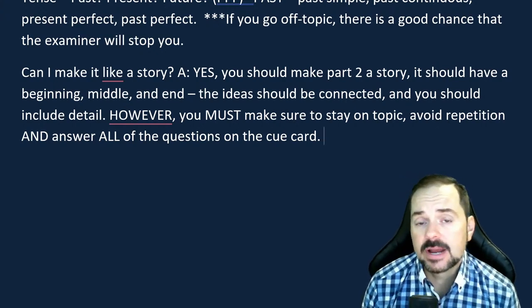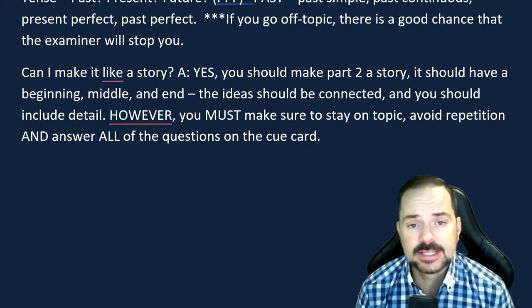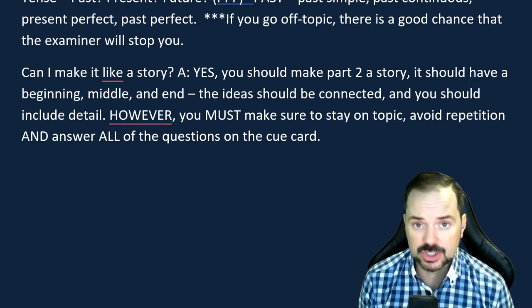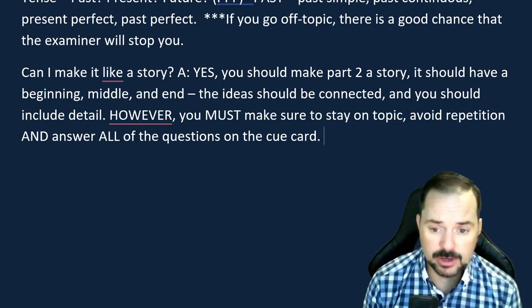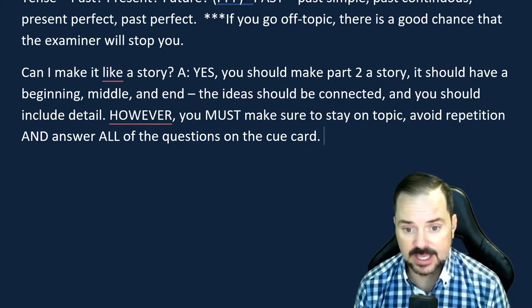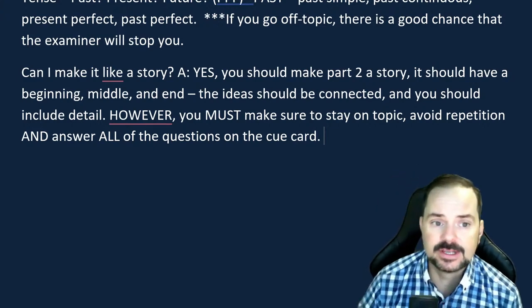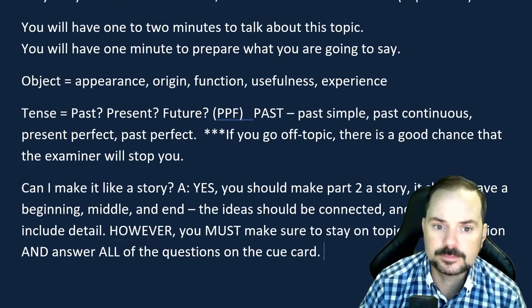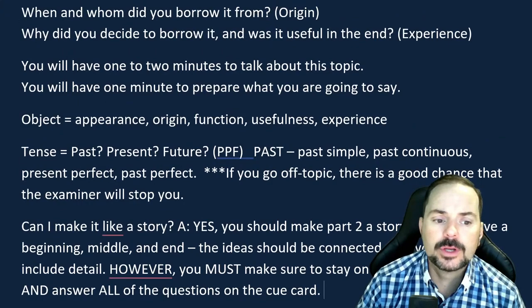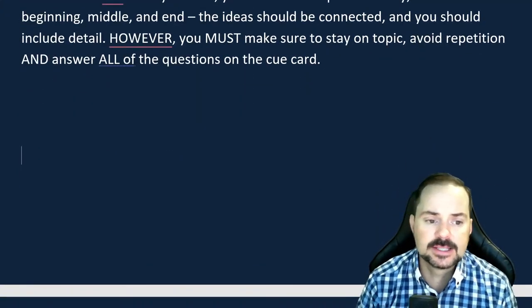Now this takes practice. Even if you are someone who is very good in English, even if you have a band 7, 8, 9 level of English, this part of IELTS you should practice before you do the test because it is unique. It's not a type of speaking that we practice every day. So we know that it's an object, and we know that the tense is past tense in this case.